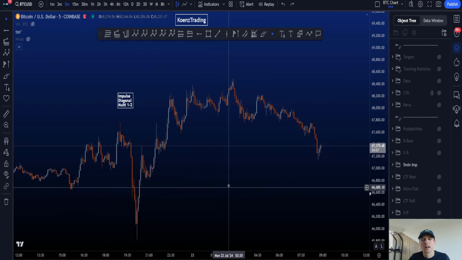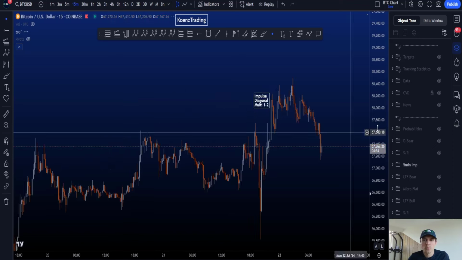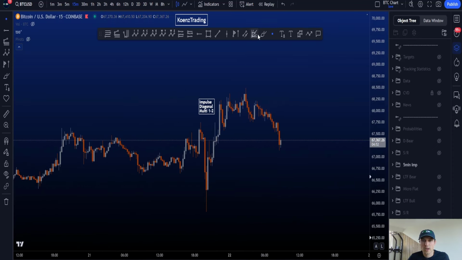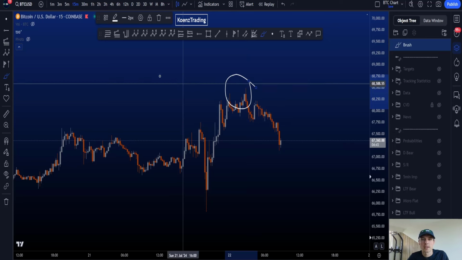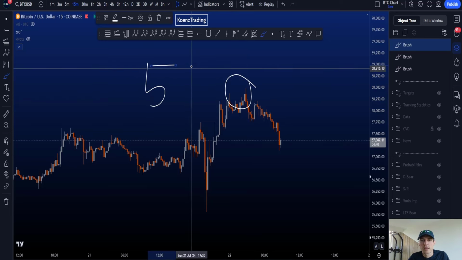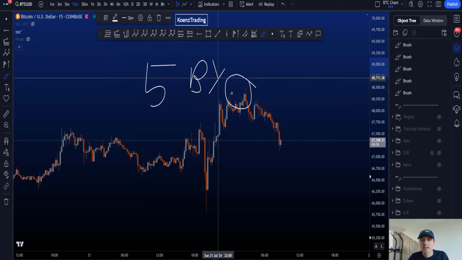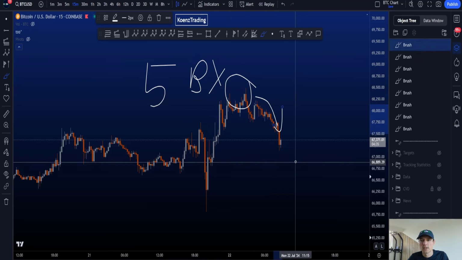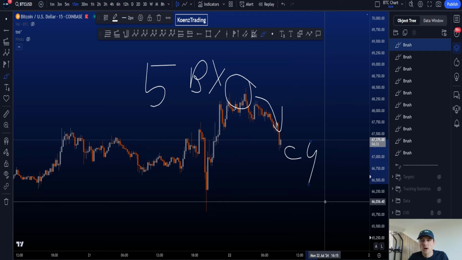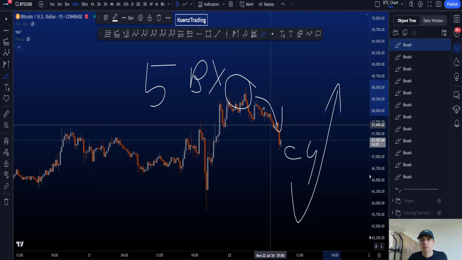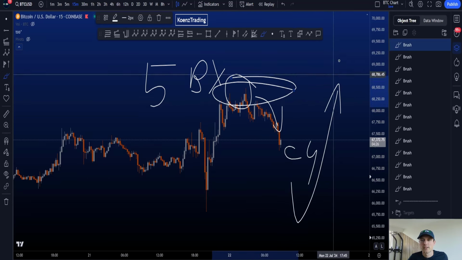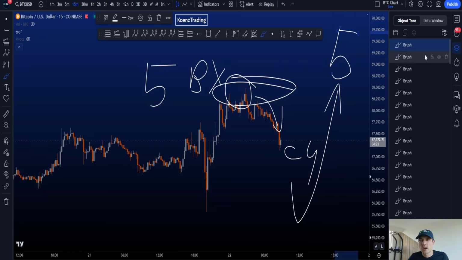And the fact that we can give higher probabilities to this move being a corrective structure automatically increases the probabilities for this high to be what I like to call a fake high, meaning it is not a wave 5, it is a wave B or a wave X, meaning the move to the downside is a wave C or a wave Y, which in turn increases the probabilities for price to still at some point move back up to take out the highs here and then finish a wave 5 higher.